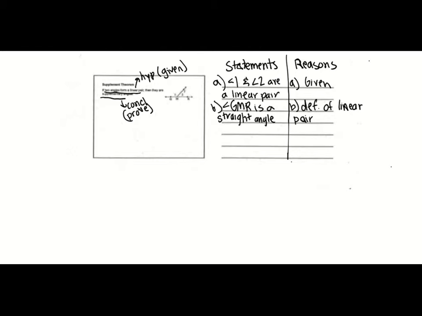Our next step, if we know angle GMR is a straight angle, then we know that the measure of angle GMR is 180 degrees. That's our definition of a straight angle.